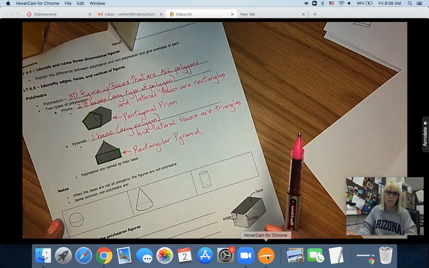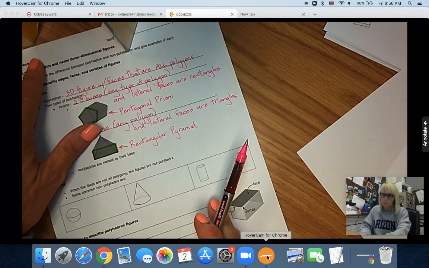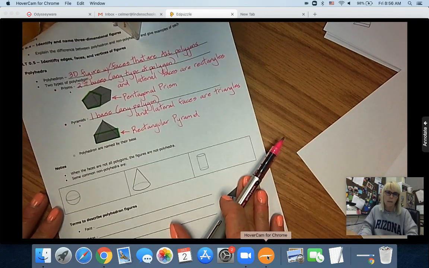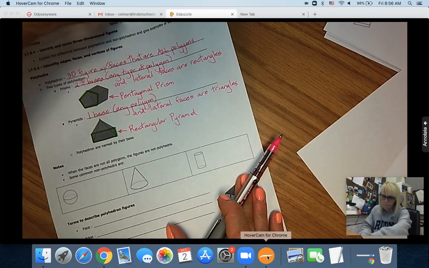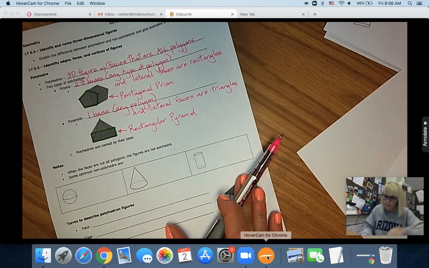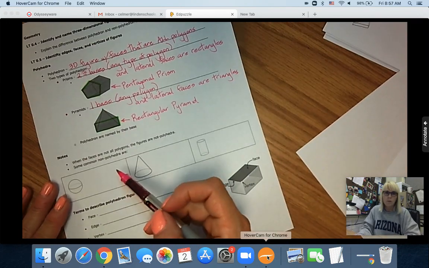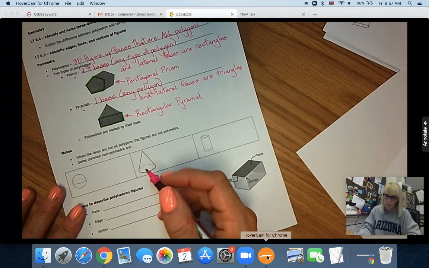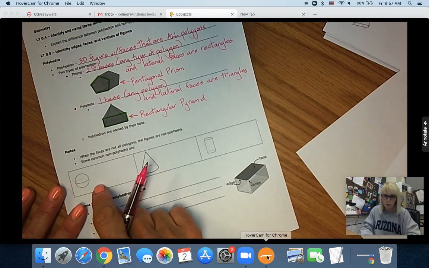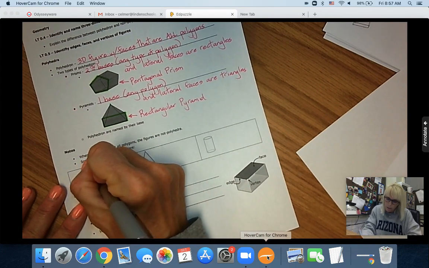Let's talk about non-polyhedra. Actually, these are probably somewhat easier because you probably know a lot of these. When the faces are not all polygons, the figures are not polyhedra. So I'm just going to name for you the 3 common non-polyhedra. Well, this one is a ball, basically, but we call it a sphere.